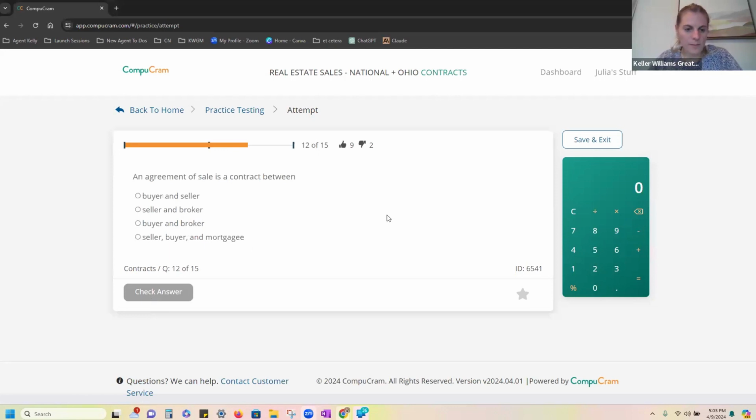All right. An agreement of sale is a contract between A, buyer and seller, B, seller and broker, C, buyer and broker, or D, seller, buyer, and mortgagee. So an agreement of sale is a contract between who?